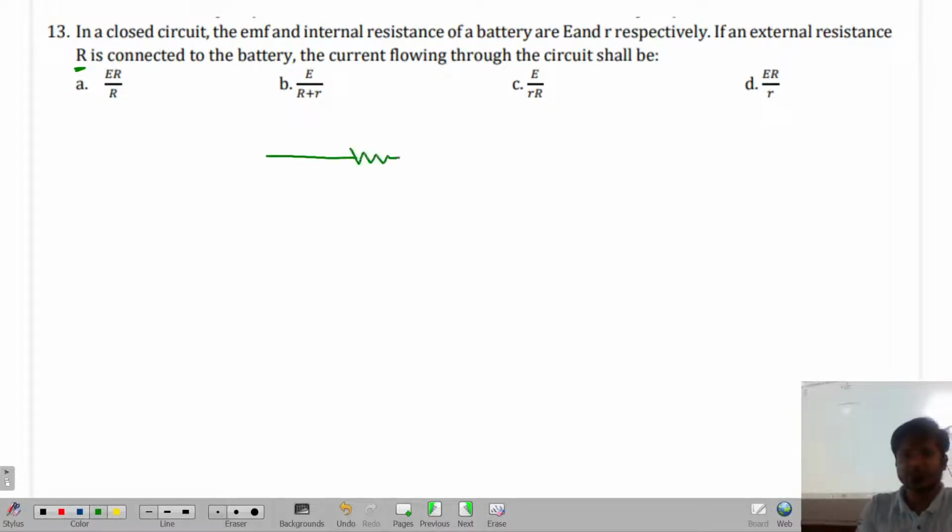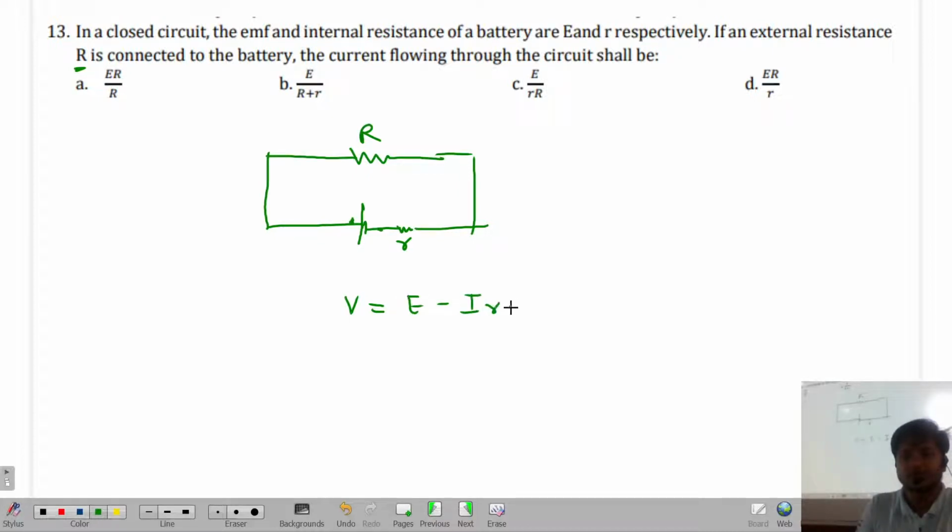Its potential difference V will be given as E minus I into (small r plus capital R). Yes or no? Now it is a closed circuit.